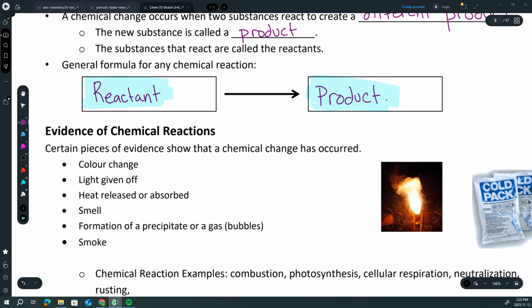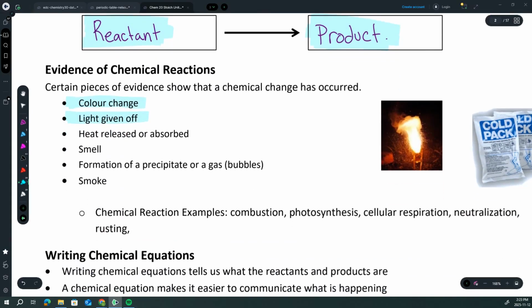There's a number of ways that we can tell that a chemical change has occurred. The first is color change. Maybe there's some light given off from the reaction, or the beaker in which your reaction is occurring gets warm, so it releases heat, or if it gets cold, then it's absorbing heat.